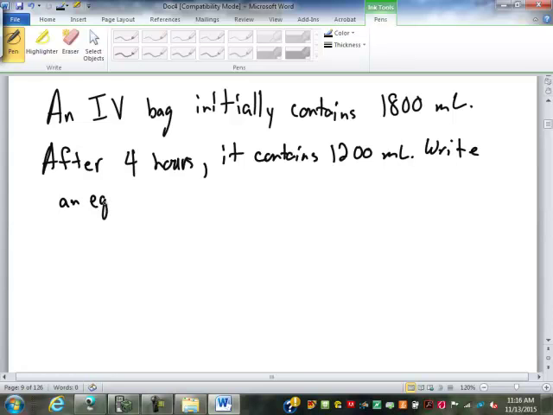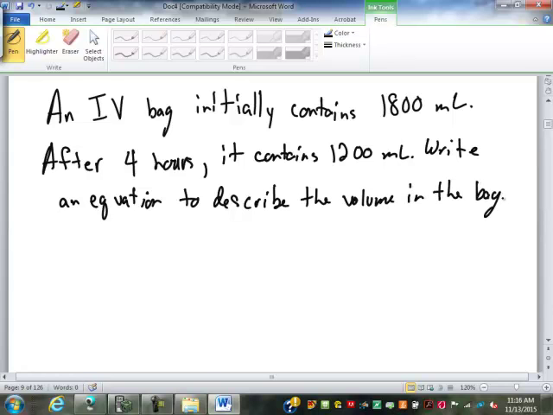Write an equation to describe the volume in the bag. And then a second part of this, how much is in the bag after 10 hours.